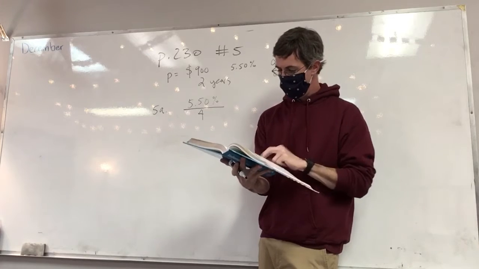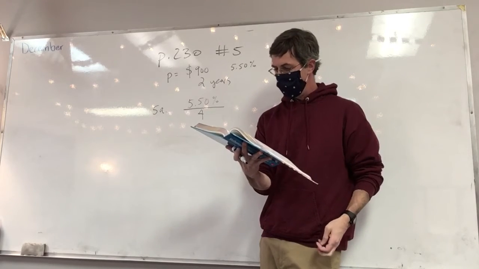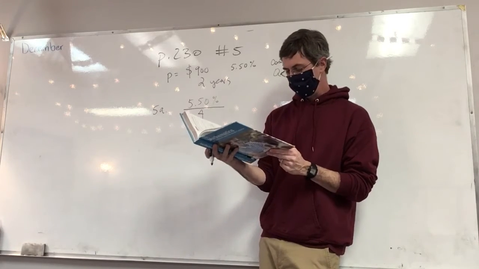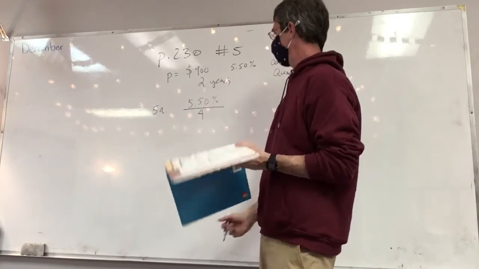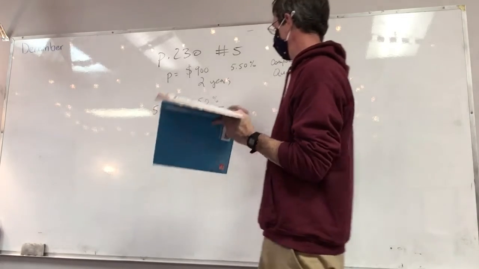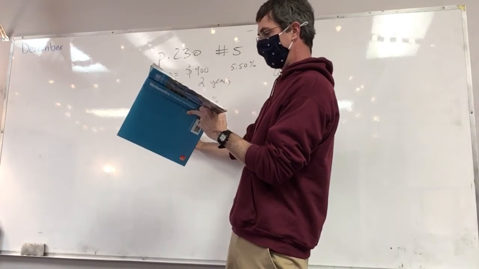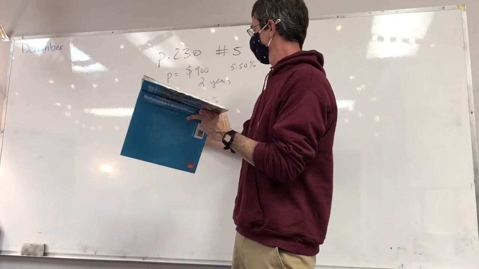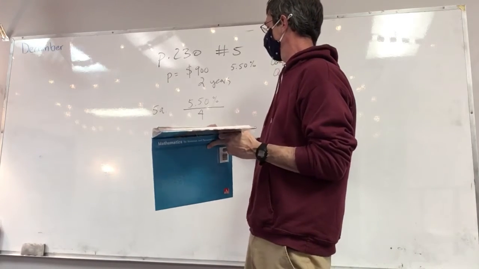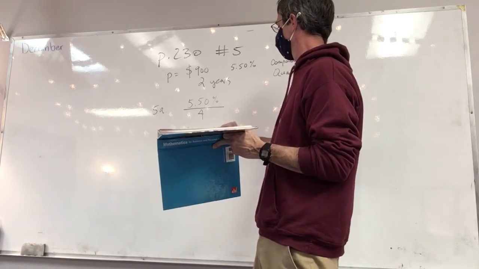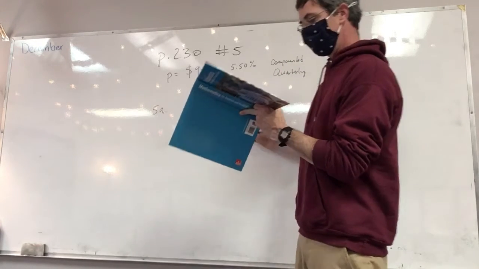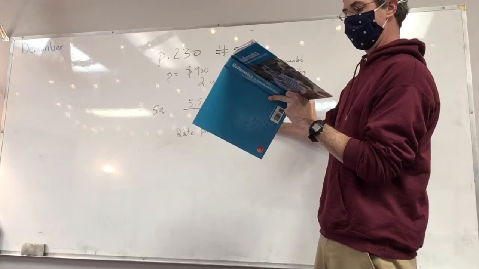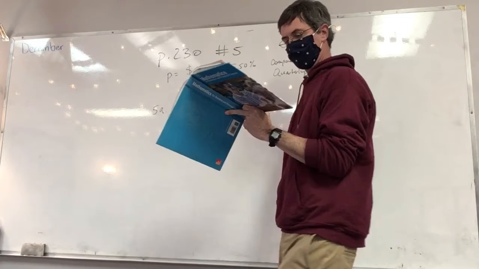So let's see here. On their example 1 on page 228, if we look at step 2, they have a better formula here. So I think it'll make more sense. So over here on step 2, example 1, it says the rate per period is equal to, what does it say? You see where I am on step 2?